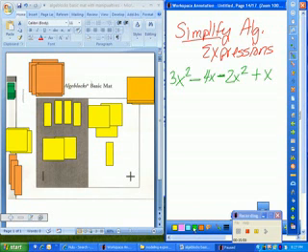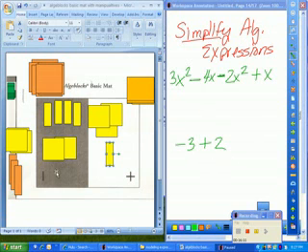Now, I'm just going to use this little space down here and pretend for just a moment that I am modeling negative 3 plus 2. We'll just keep it nice and simple. So I would have 3 negatives over here, plus positive 2, and I would put 2 positives over here.